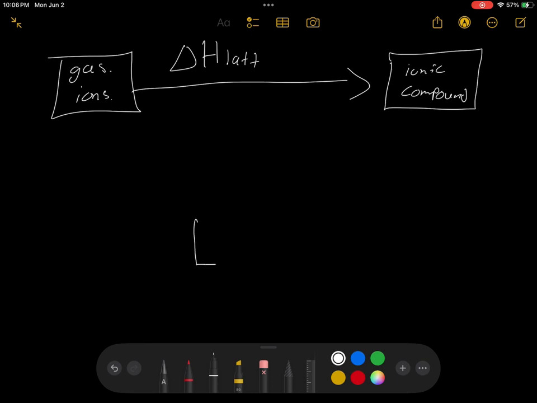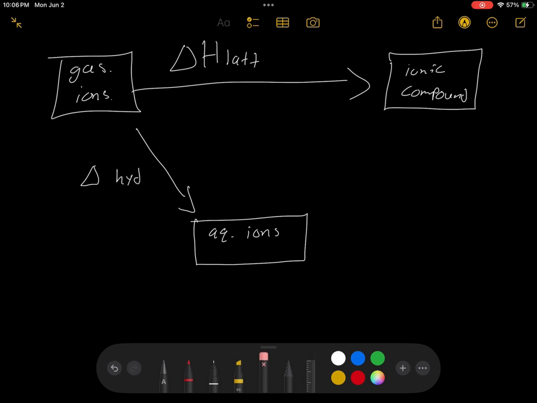Down here, we have our aqueous ions. We know that going from gaseous to aqueous is delta H hydration. And going from our solid compound to aqueous is delta H solution.